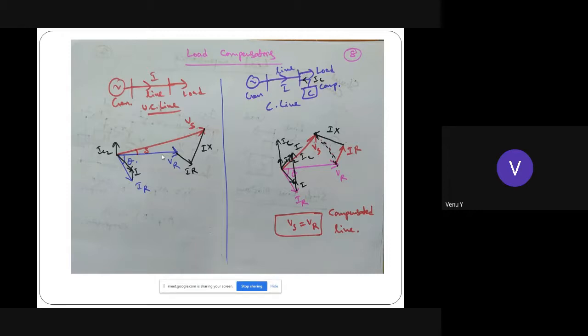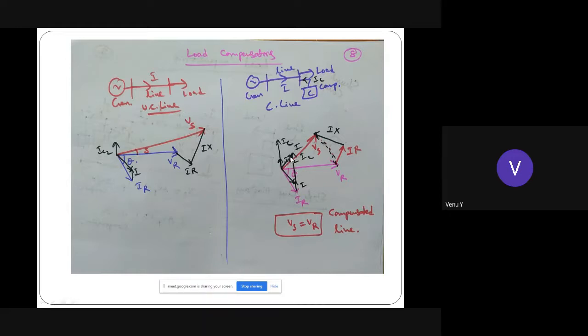Now coming to the second part, the same system is compensated with the shunt compensator placed at the receiving end. The current supplied by the shunt compensator is IC. It adds with IC2, so that IC plus IC2 is the total compensating current that you add to IR.